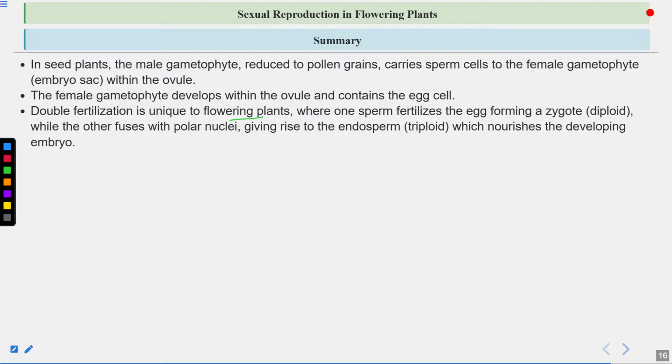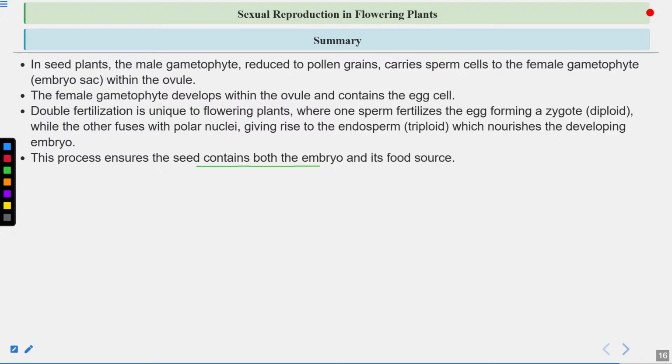The result of syngamy is the zygote. While the other fuses with the polar nuclei, giving rise to the endosperm, which is a triploid structure and which nourishes the developing embryo. This process ensures the seed contains both the embryo and its food source. The resulting seed then develops into the new sporophyte generation.